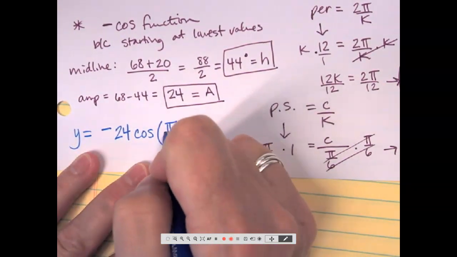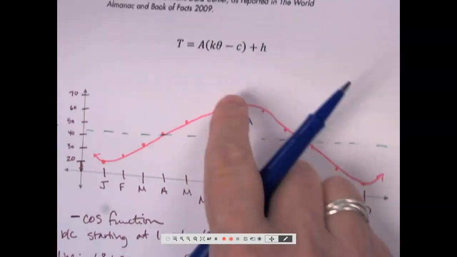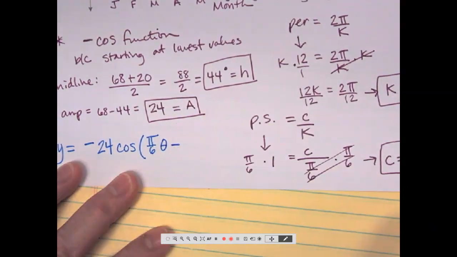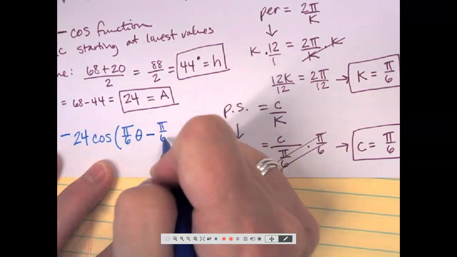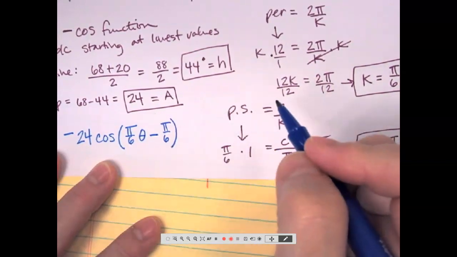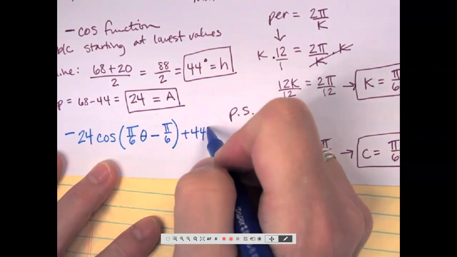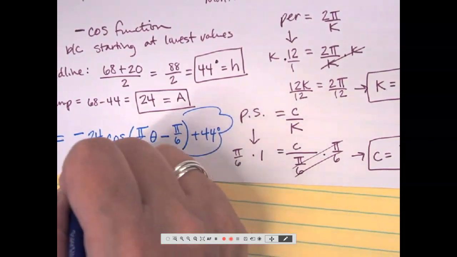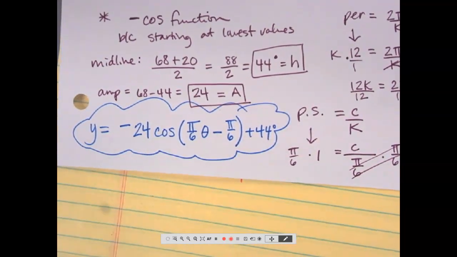K was pi over 6 times theta. Minus c. Minus goes right, so minus c was also pi over 6. And then plus h, and my h was 44. That is the equation that models this temperature.